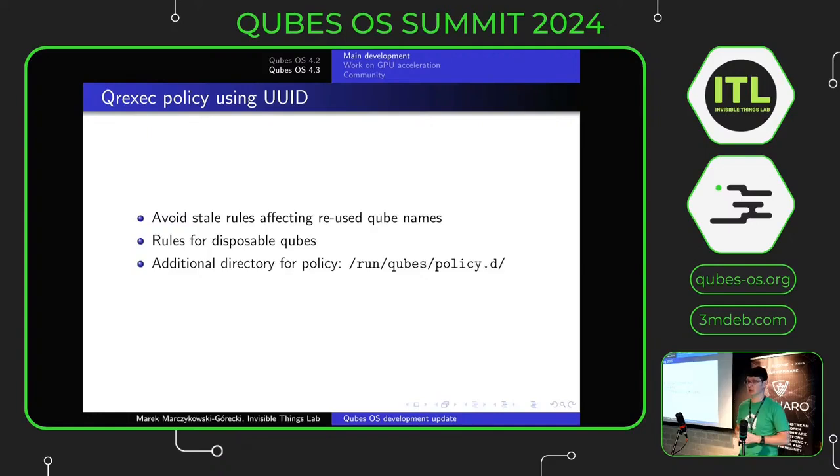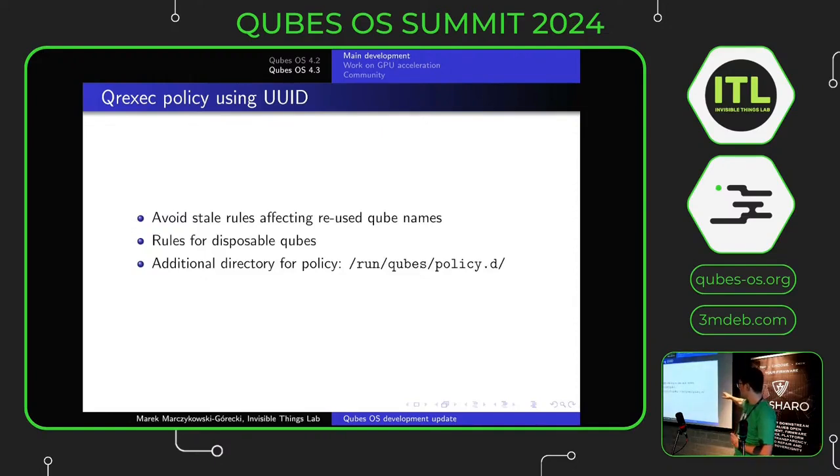Especially in the case of disposable qubes, which are named disp and some number. This number, we have some code that checks that it wasn't recently used, for, I don't remember exactly, a week or something, but it's not guaranteed to be unique forever. So if you had some rules for some disposable qube, and a new qube would exist with the same name, the old rules would still apply. We solve this with UUID, which is guaranteed to be unique, like forever.